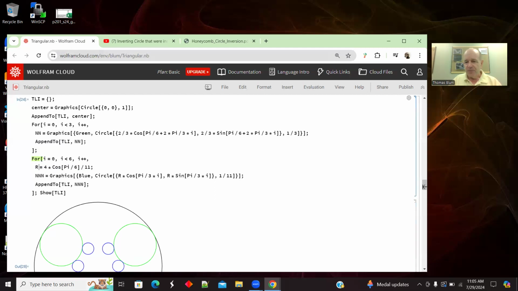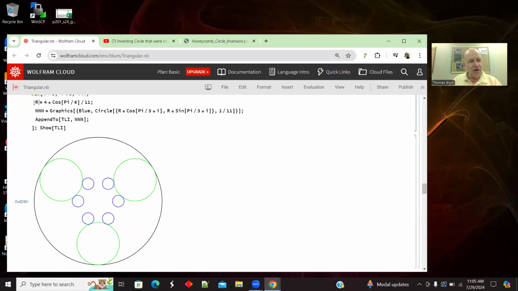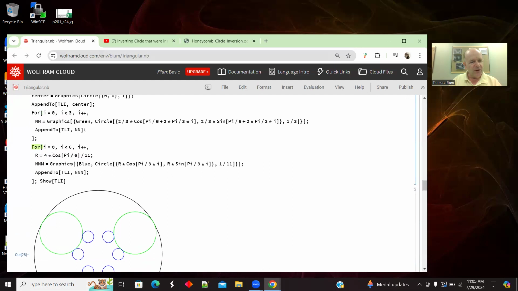So this R here is not the radius of the little circles, but the position of the origins of the little circles in the big circle. And so there we've got this cosine of pi on 6 floating around. But when I'm making the circle itself, the circle's radius is just a simple fraction, like 1/11.